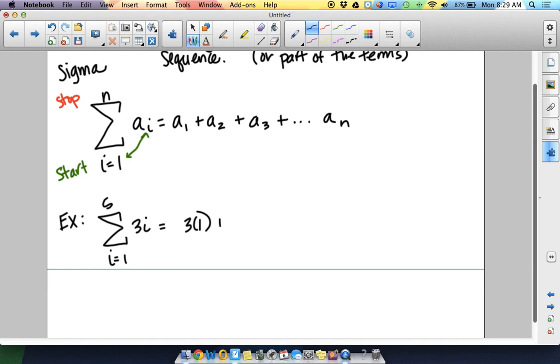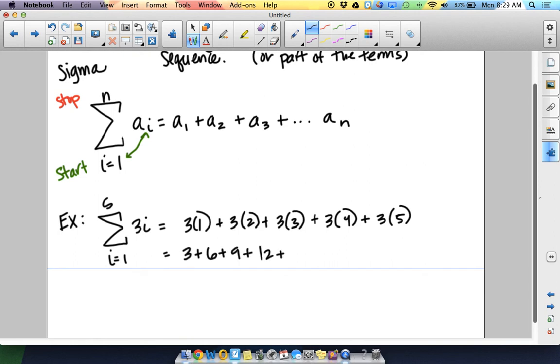So what would the second one look like? 3 times 2 plus 3 times 3. When do I stop? At 5. Oh, that's a 5, sorry. So 3 plus 6 plus 9 plus 12 plus 15. You don't need a calculator. 15 and 15 is 30 plus 15 more. 45.